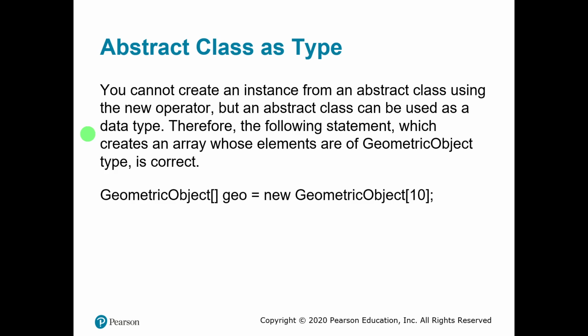Using that type, geometric object, I can store circles, and I can store rectangles in that list, and I could store triangles in that list, and any other class that inherits from geometric object. So I can't create objects from that class, but I can still use its type to define other things. Here's an array of geometric objects. We could make a list of geometric objects. Its type is still valid.